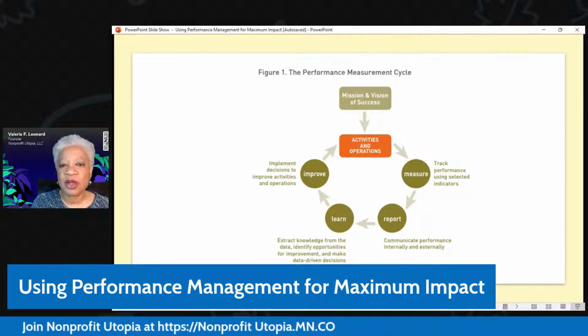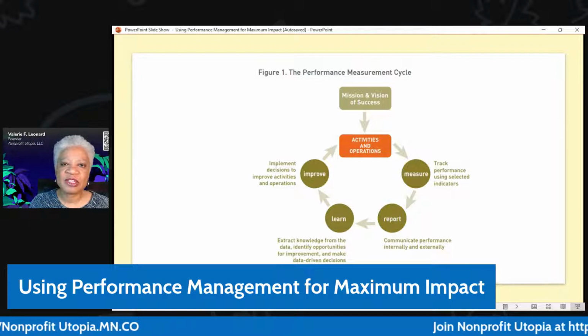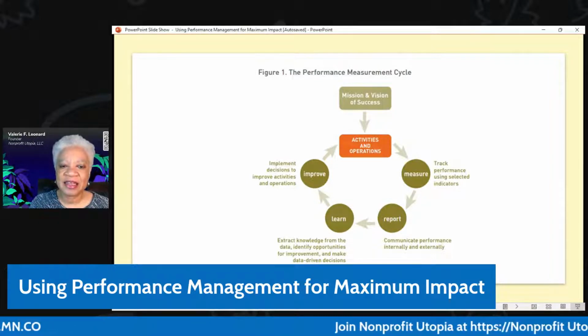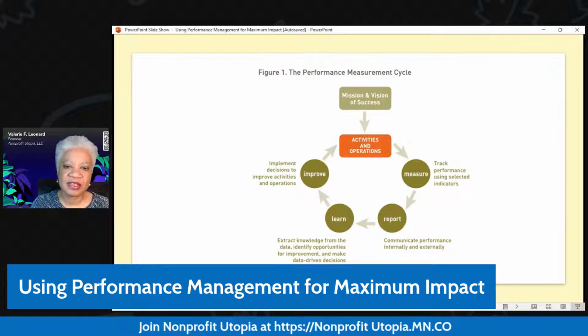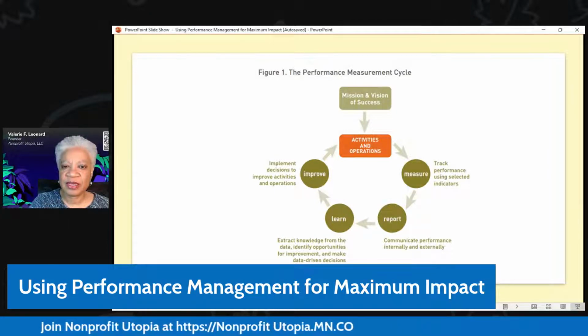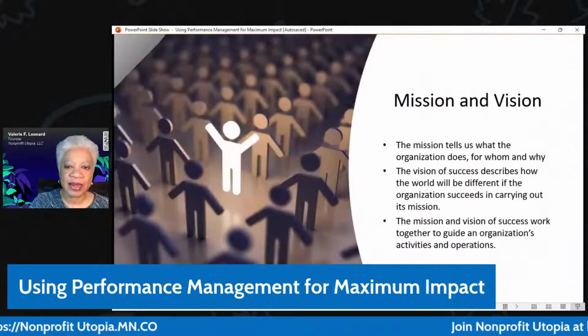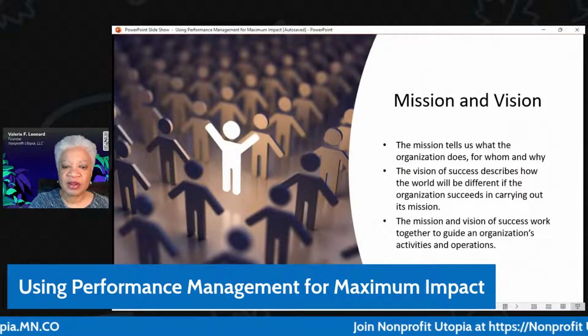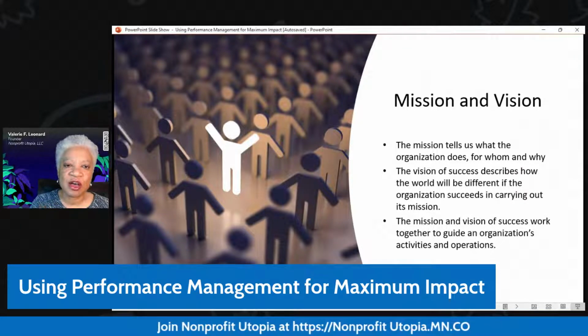And then you're going to report out what happened, and share some of the learning. What did the data tell you? And then you're going to use that information to make decisions and to improve either your operations or your programs or both.